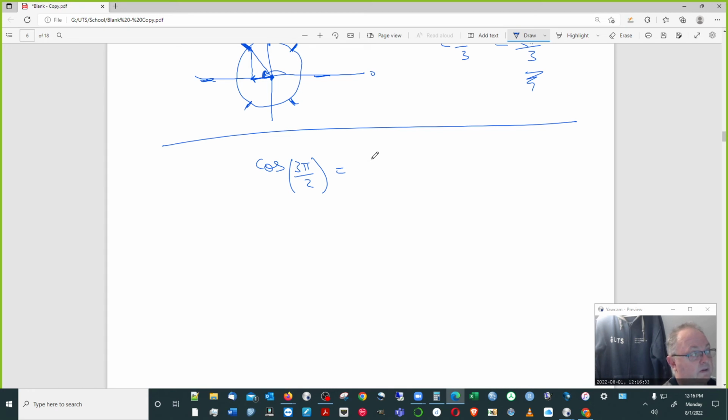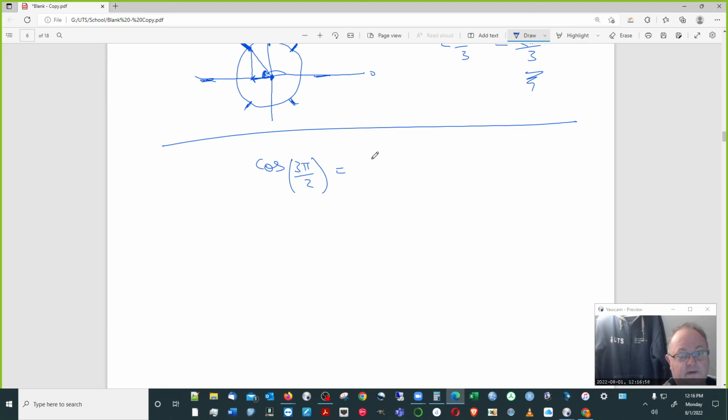What's another name for cos? X. Cos is x. This question is asking about x. In fact, it wants to know the length of x. Is the length of x large, small, 1, -1, 0, and where is it happening, this length?